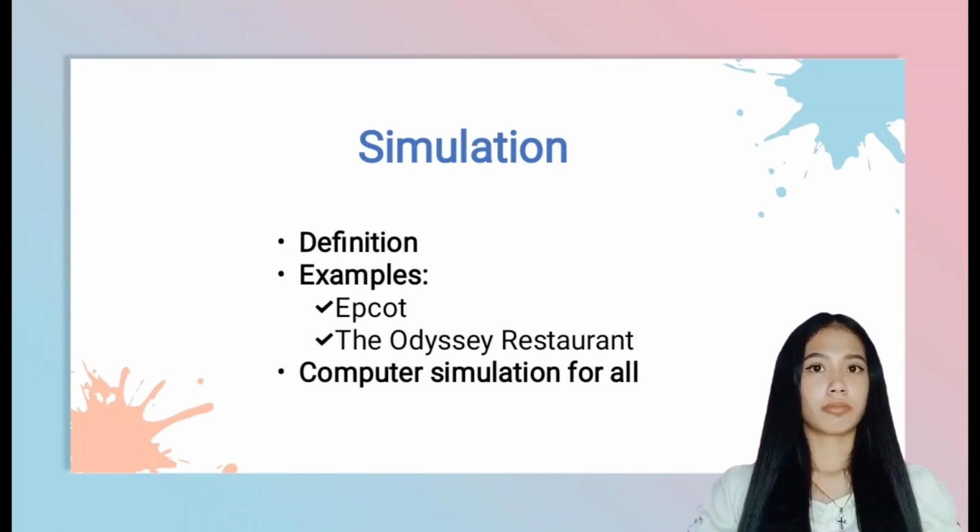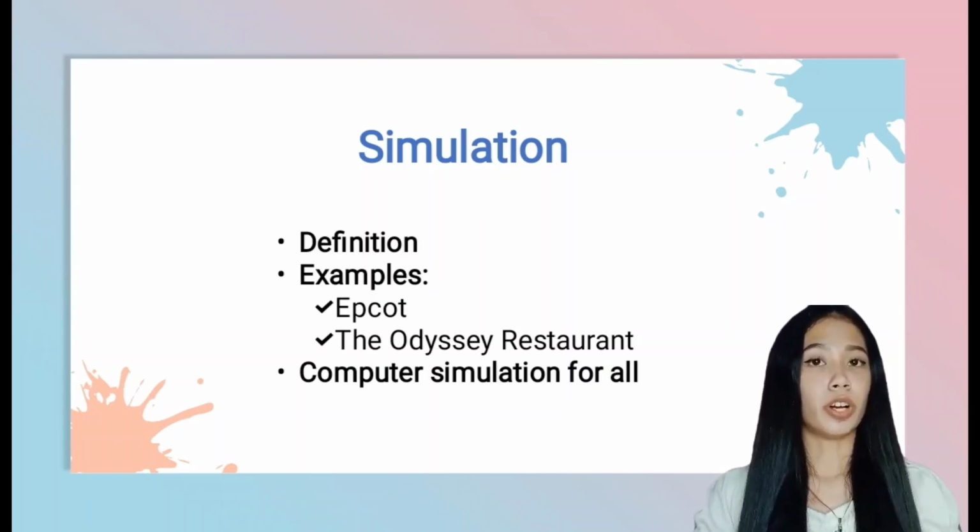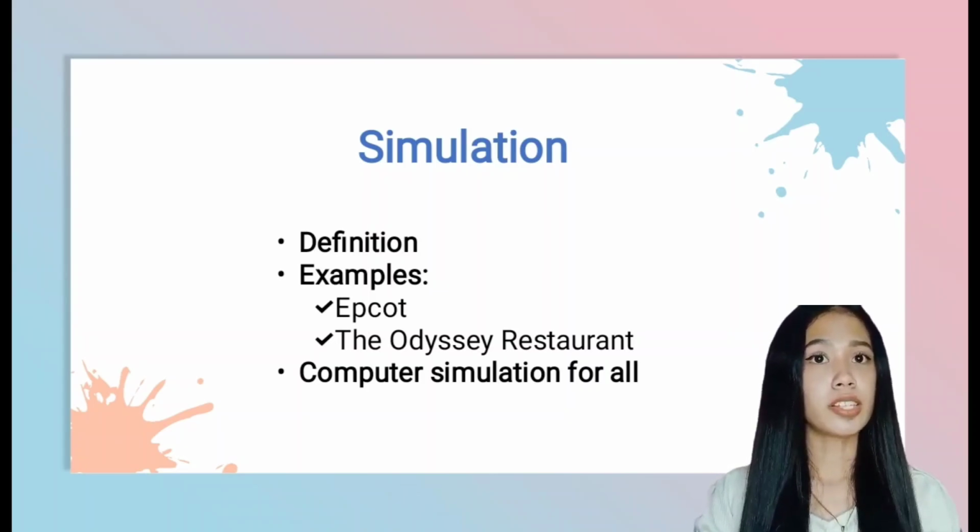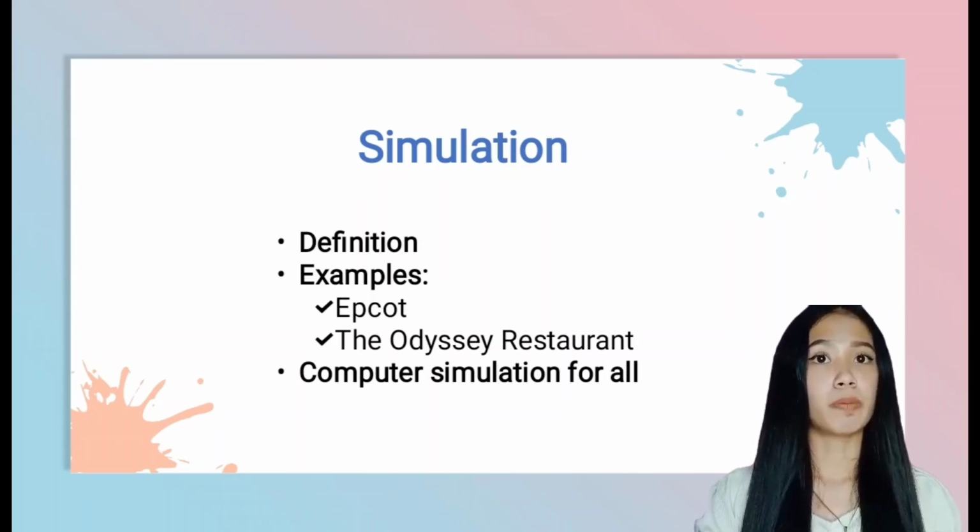The computer simulation. Computer simulation is increasingly used in physics and engineering to predict the probable outcome of experiments and to aid their interpretation.